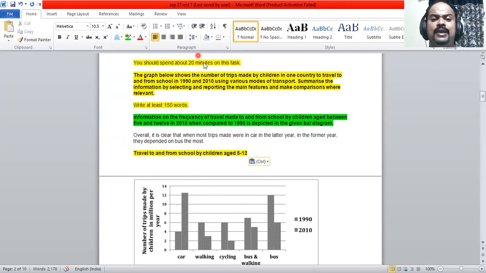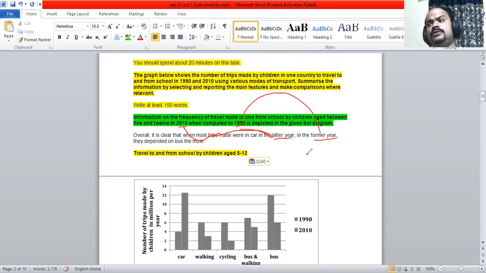So here we have not, you can say, latter year and former year. So I can connect this from the introduction, because in the introduction, the latter year is 2010 and the former year is 1990. So it is connected there.